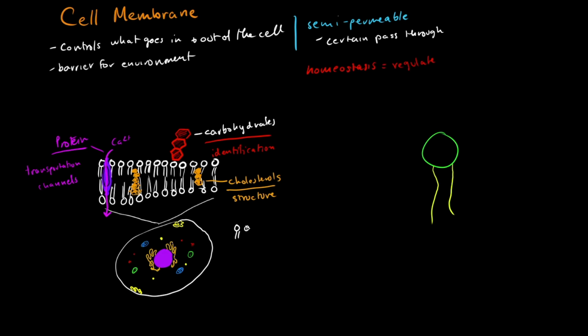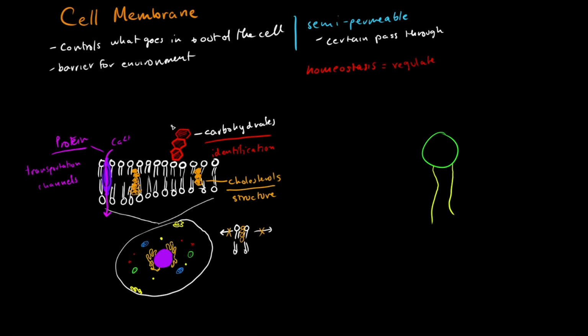When we have these lipids right here, in warmer conditions, lipids tend to move away from each other. Problematically, if they move too far away from each other, then many things can get through the cell membrane that usually can't pass through. Which is why these cholesterols actively connect these lipids together, ensuring that they don't get too far away.